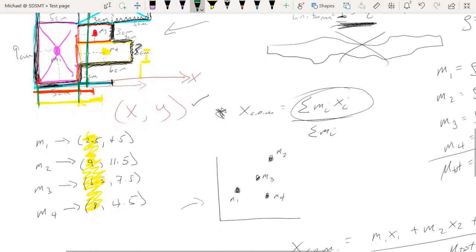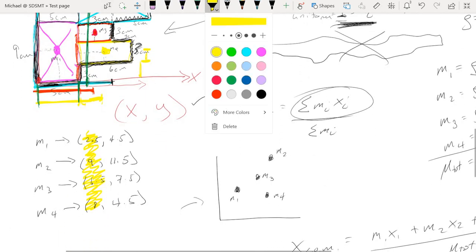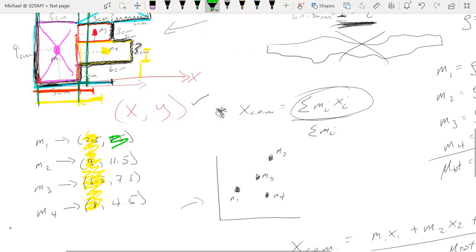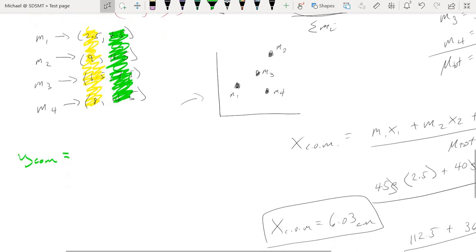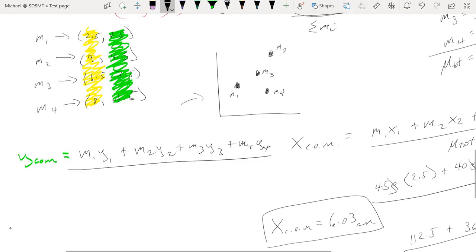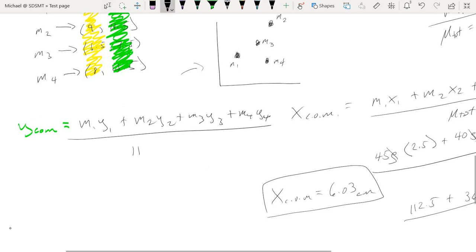And I know I said I'd make you do it, but what the heck. I'll go ahead and put in the values and we'll find out what the y component is, just so there's no second guessing. So y component, center of mass, m1y1, m2y2, m3y3, m4y4, all over 112 rho.